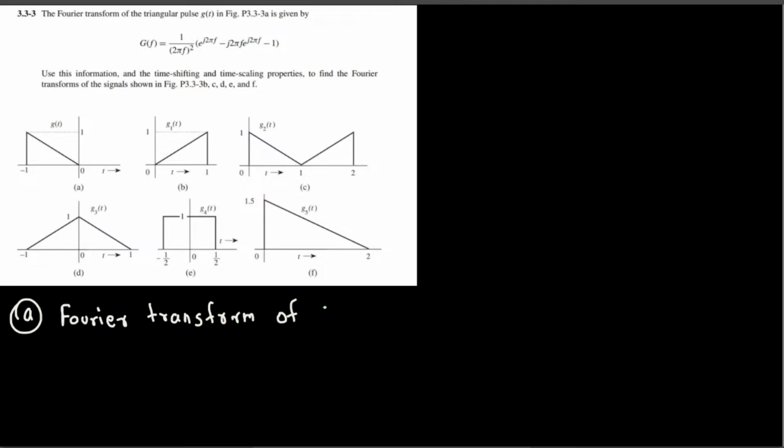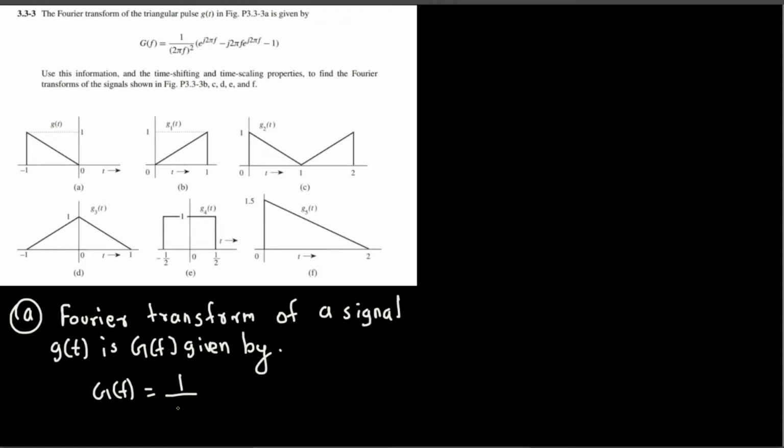of a signal g of t is G of f, given by G of f is equal to 1 over (2 pi f) whole squared, e power j2 pi f minus j2 pi f e power j2 pi f minus 1.